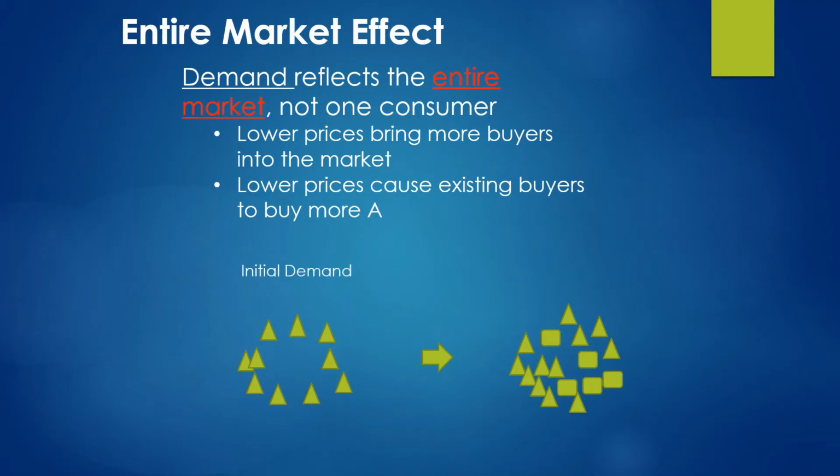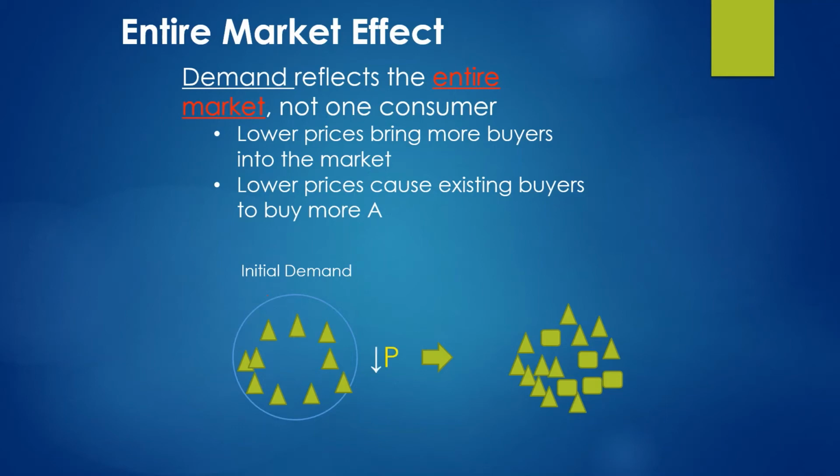So let us try to understand it by using this diagram. Let us suppose that we are considering the coffee market, and you can see that these triangles are showing the existing buyers in this market who are demanding coffee at a price of, let us say, $1.